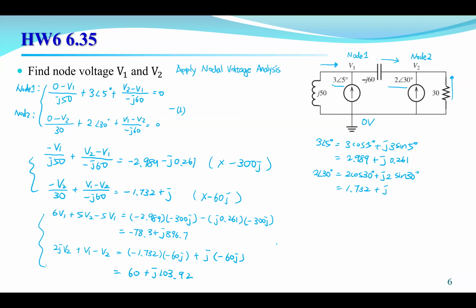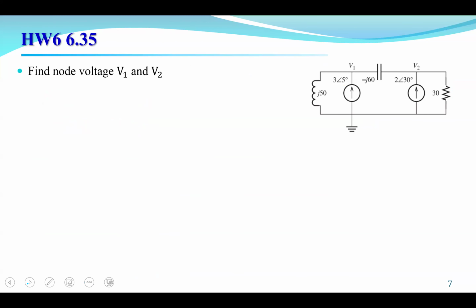When we rearrange, we receive V1 plus 5V2 equals minus 78.3 plus j896.7, and we also have V1 plus minus 1 plus 2j V2 equals 60 plus j103.92. This can be solved using Cramer's rule.